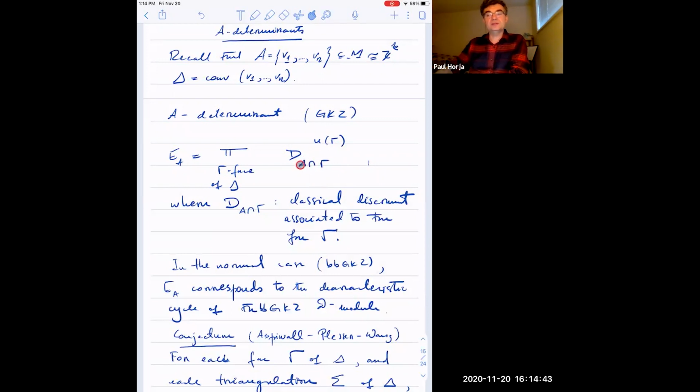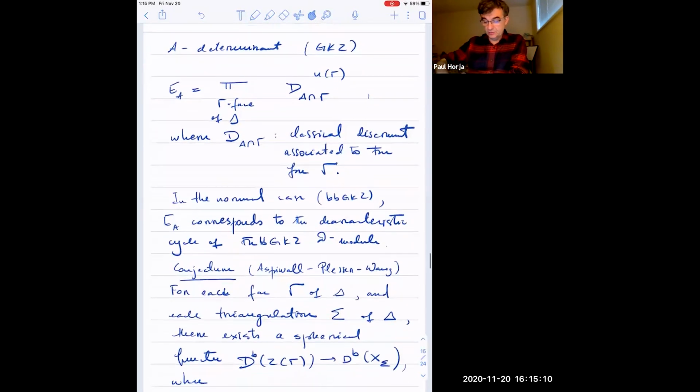There is some multiplicity, which has to do with the properties of that face, and some of these factors are going to be trivial. That corresponds to the cases when this A intersected with gamma is a subbase, if you want, of the lattice. If that's the case, then this component is trivial. But in the cases when this is not the case, you'll get a true term.